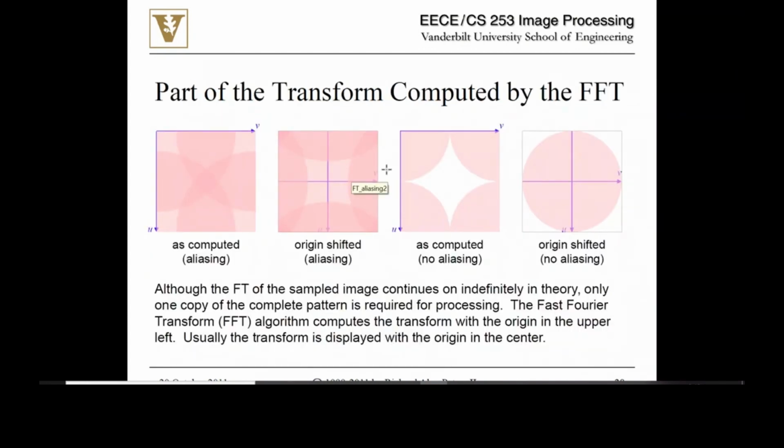Let's say that this is the original, and we do a downsampling by a factor 2.